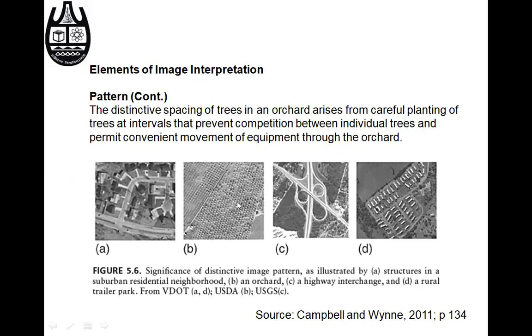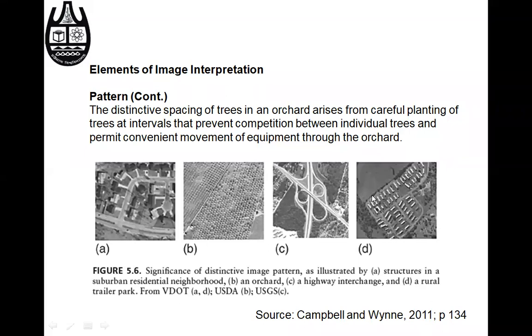That means some crops or orchard in there, and it is maintained in a line, each of them you can see. The third one, you can understand this is a loop which is created by some roads and networks. So from this pattern, you can know that this is a road and highways.